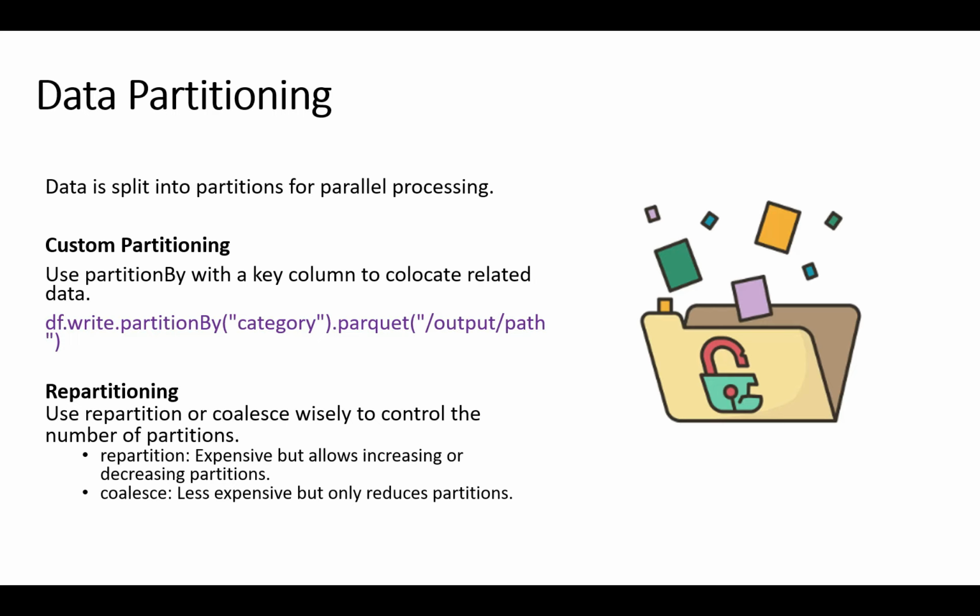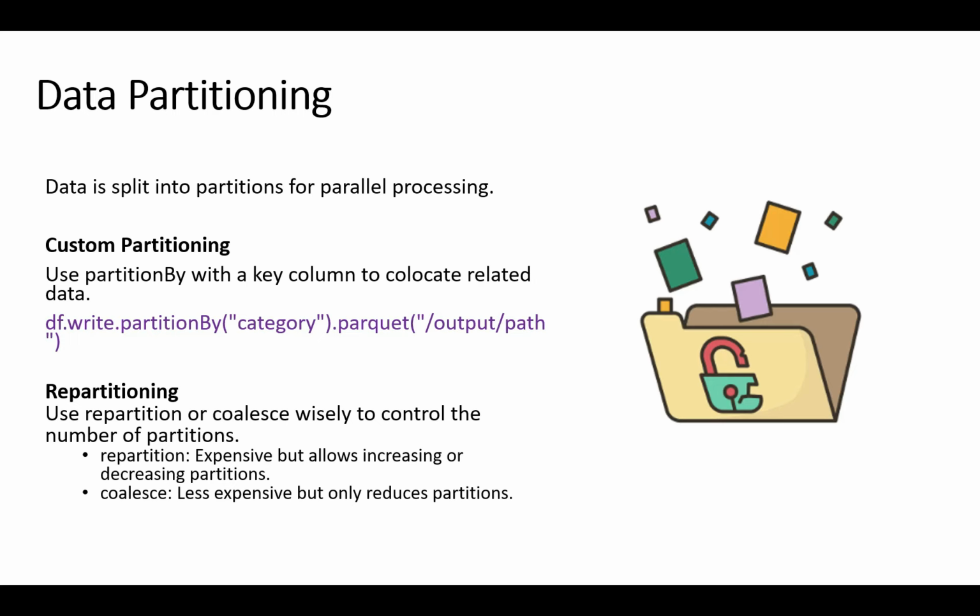What is repartitioning? It is also creating partitions, but these are the two ways that Spark provides. Now the difference, and this is often asked, there is a video I have done separately to explain in detail both of these concepts. I'll put that link also here. But essentially, repartitioning is where you have data that you want to repartition.